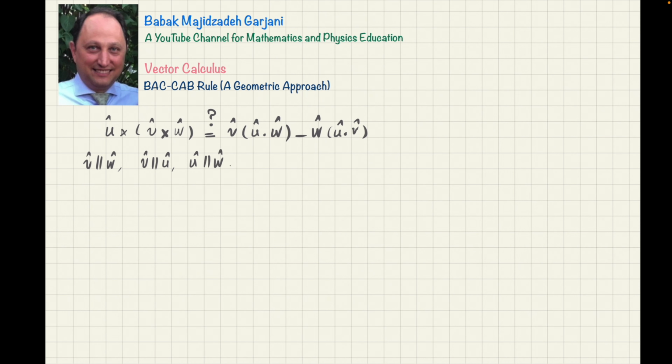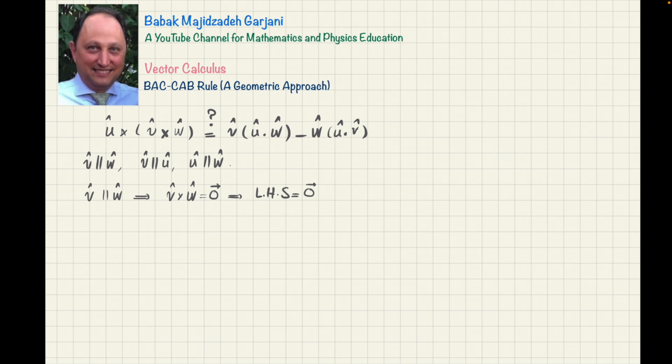So I want to show that in all these special cases, this is automatically satisfied without having a very big problem to prove it. This is very simple. Yes, if v is parallel to w, then we know that v cross w is the zero vector. So this means that the left hand side becomes the zero vector.